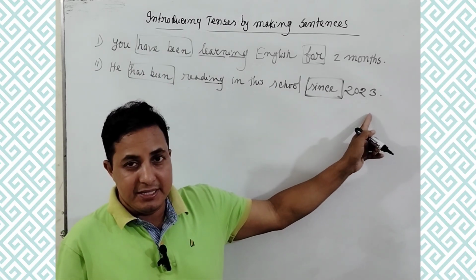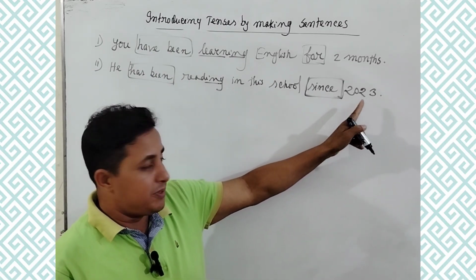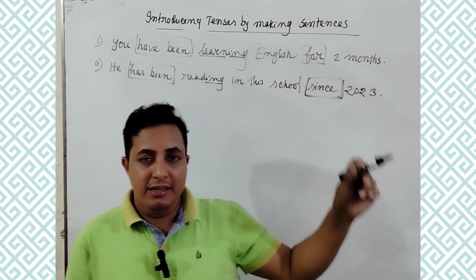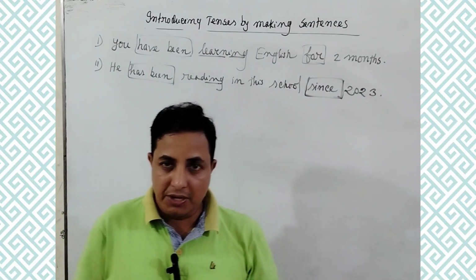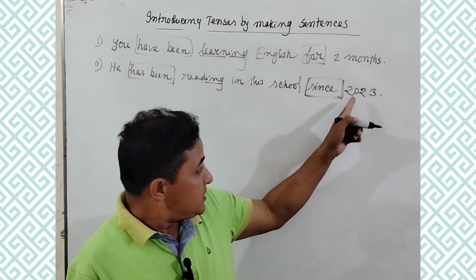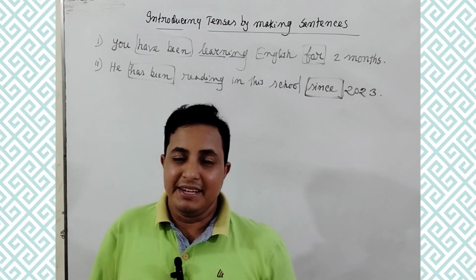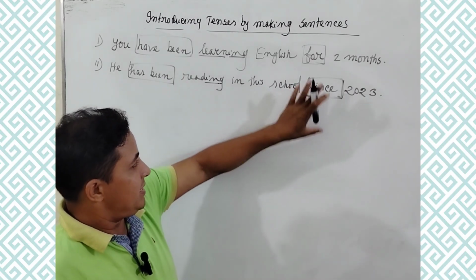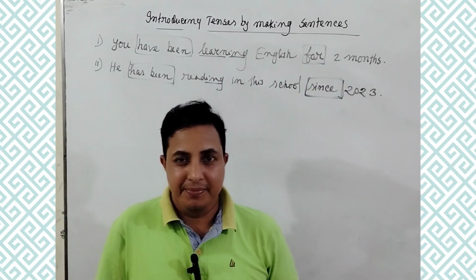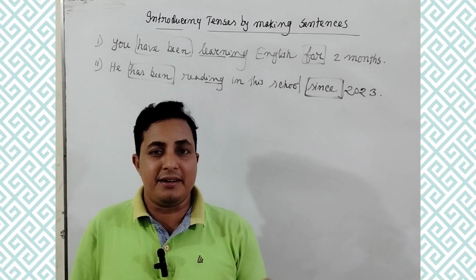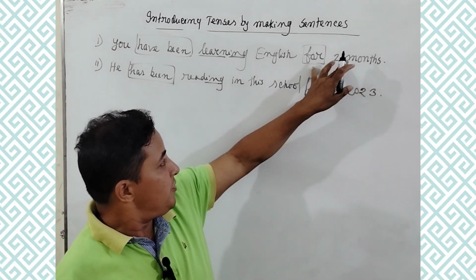If you mention such a time, you should use since before it: morning, evening, dawn, 2023, 2010, 1900, etc. But when you mention indefinite time, not exactly definite or clear time, you must use for.